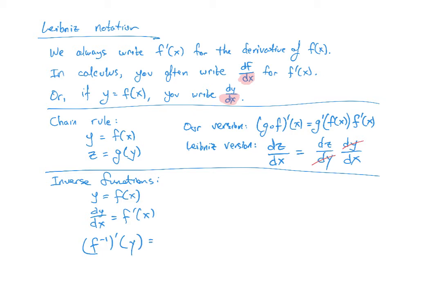That is the derivative of x with respect to y. This just comes out of the definition of how the Leibniz notation works. The derivative of the inverse is how x is changing as the image changes, as y changes. So it's the change in x over the change in y.